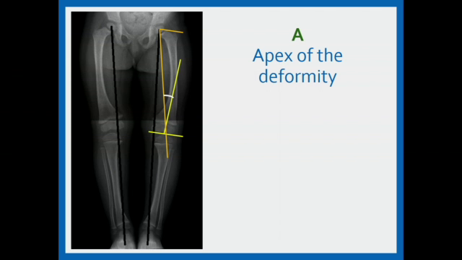Similarly, for the knee, you draw a joint line along the distal femoral condyle, and then you know what the normal LDFA is, so you draw a line going proximally. So whatever the angle is between the two is your angle of deformity, and where the two lines meet is where the apex of the deformity is. So in this case, the apex is coming to at the physis.